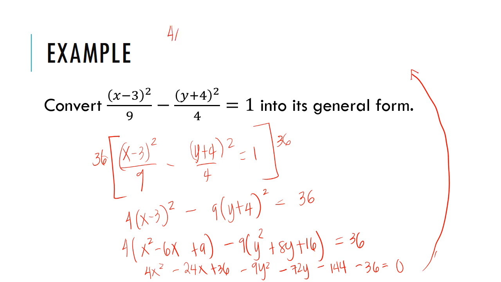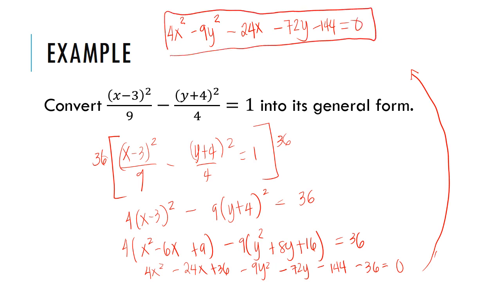So we have 4x squared followed by minus 9y squared followed by minus 24x, and then followed by minus 72y. Then let's simplify. Plus 36 minus 36, that is 0. And so we are left with negative 144 equals 0. So this is the general form of the given standard equation, which is a hyperbola.